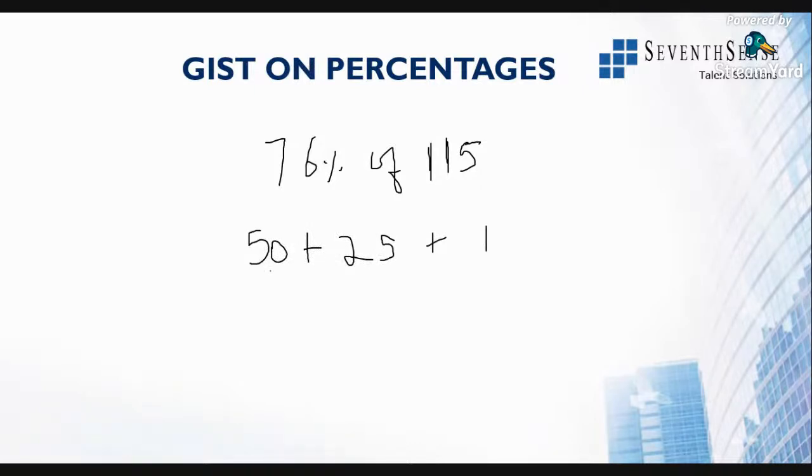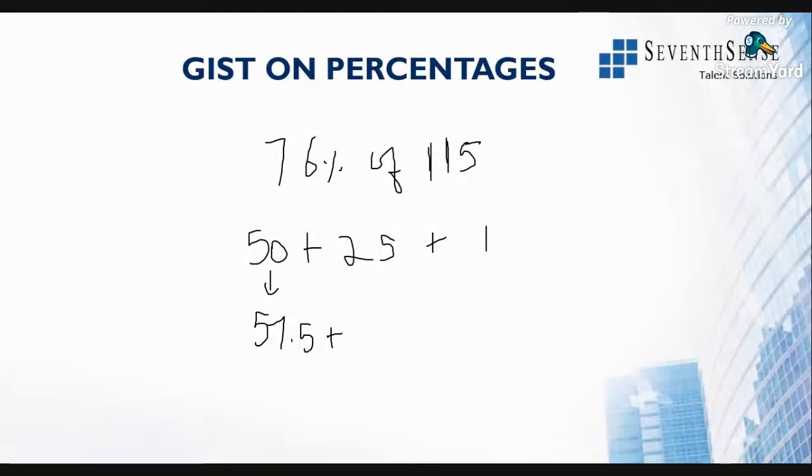So 50 is nothing but half of this value. So half of 115 will be 57.5, right? So it is 57.5 plus 25%, which is half of this value. So 50 by 2 is 25, 7.5 by 2 is 3.75.